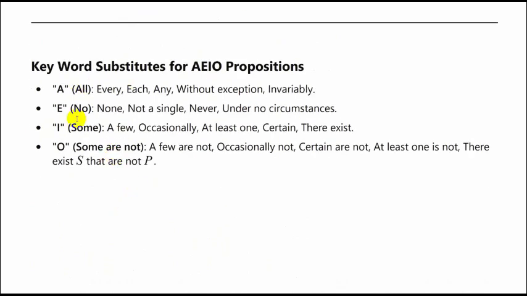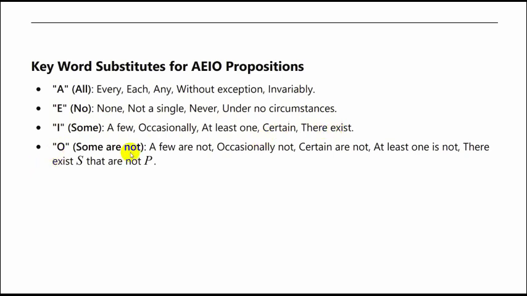Alright, in summary, let's see all of them together. A is all. Substituted words are every, each, any, without exception, invariably. E would include none, not a single, never, under no circumstances. I proposition would be some, a few, occasionally, at least one, certain, there exists.